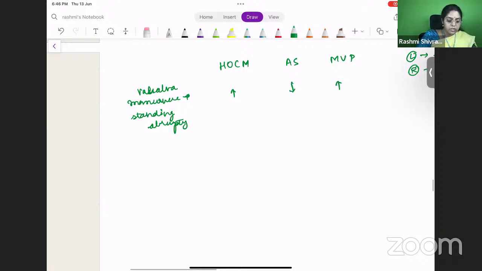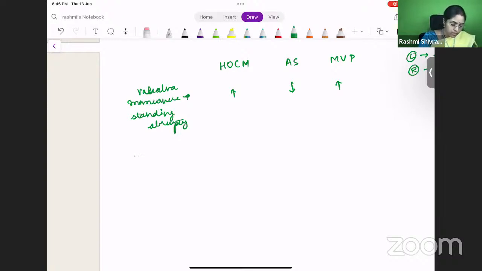But the aortic stenosis murmur will decrease because of the drop in preload, because the venous return reduces. Once you stand abruptly, the venous return drops because there is a lot of pooling in the peripheral blood vessels. So the HOCM and MVP murmurs will increase in intensity, but the aortic stenosis murmur will reduce.